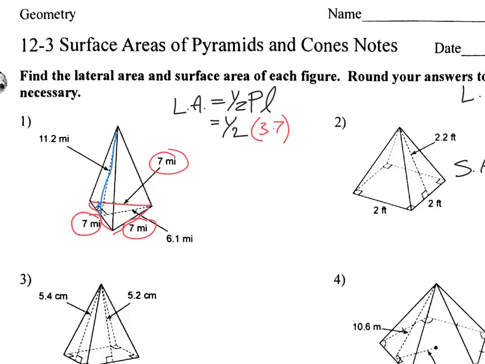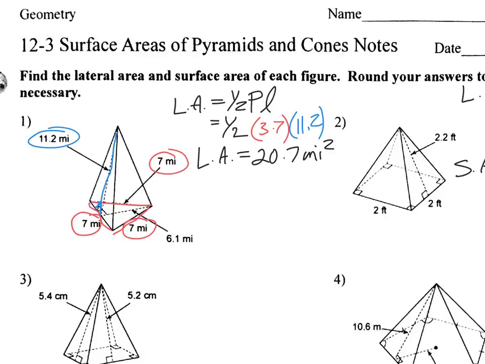And it's height because it makes that right angle, and that is 11.2. So I type all that in on the calculator, and I get 20.7. So lateral area is 20.7 miles squared.